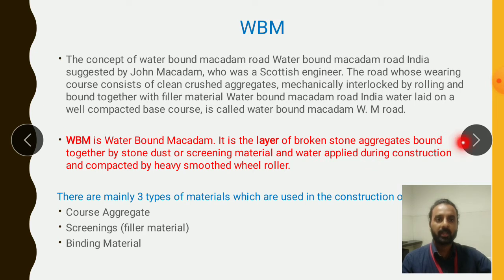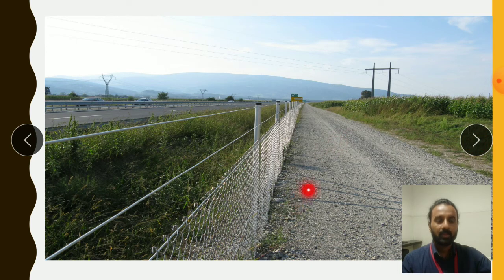There are three types of materials which are used in the construction of WBM: coarse aggregate, second screenings, which is the filler material, and third a binding material. You can see this example here on the right side, which is a WBM layer, waterbound macadam.